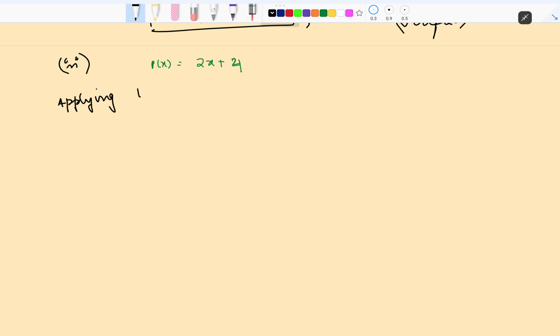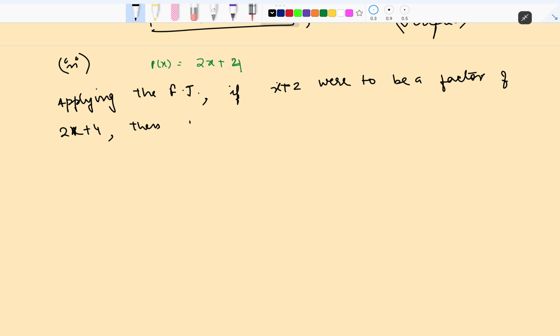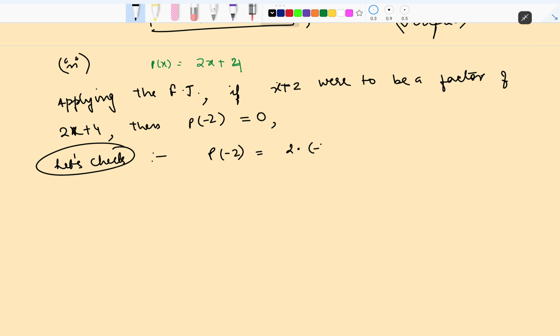Applying the factor theorem, if x plus 2 were to be a factor of 2x plus 4, then p of minus 2 should be equal to 0. Let's check. p of minus 2 is equal to 2 times minus 2 plus 4, which is minus 4 plus 4, which is equal to 0.